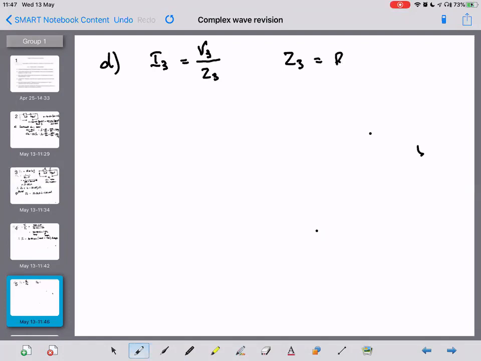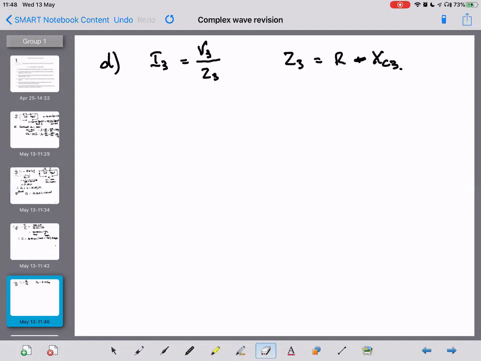It's going to be R minus XC3. Different frequency, different XC value. R will stay the same because it's a linear component, but XC will change.